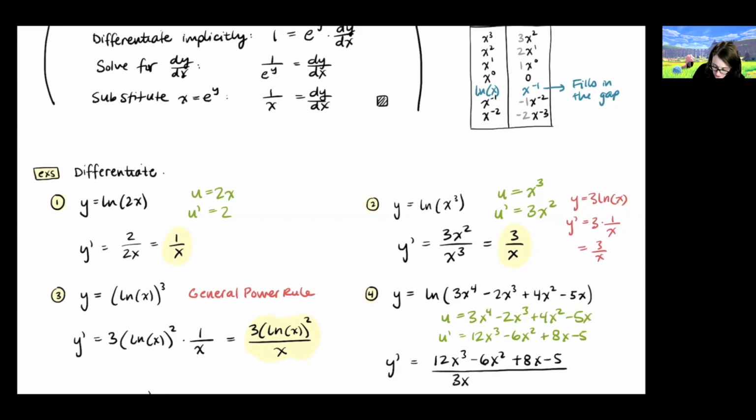And then that's all over 3x to the fourth minus 2x to the third plus 4x squared minus 5x. Simplifying this, I don't even know, maybe we could factor this, but no need at all. We can just leave it exactly like that.